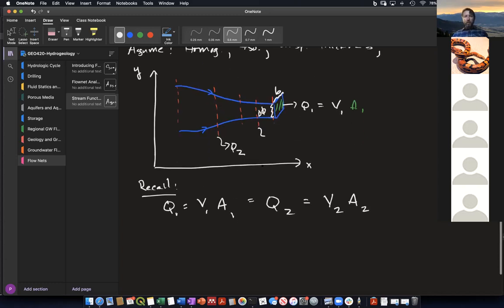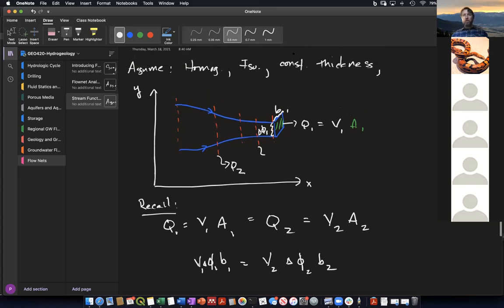So the area here is delta phi times B. We've already figured that out. So V1 times delta phi 1 times B1, the area at this point, has to be equal to V2 times delta phi 2 times B2.